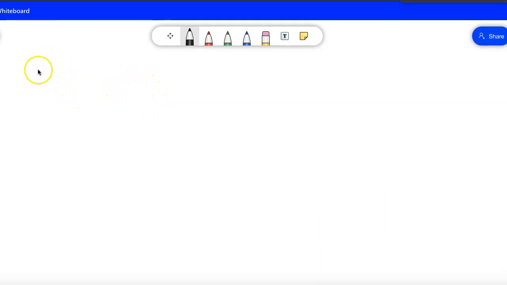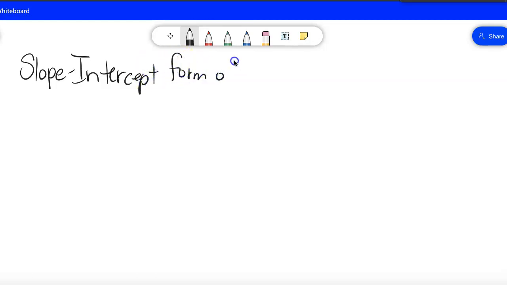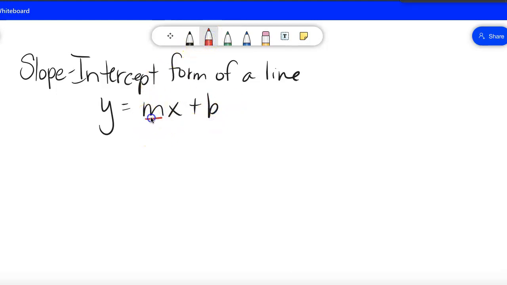So we have that first form of our equation, ax plus by equals c, and then they go through slope-intercept form of a line. That equation is y equals mx plus b. m is our slope, and b is our y-intercept.